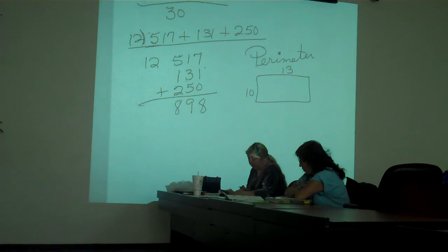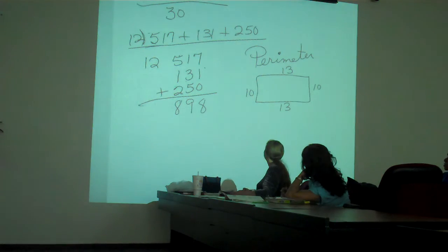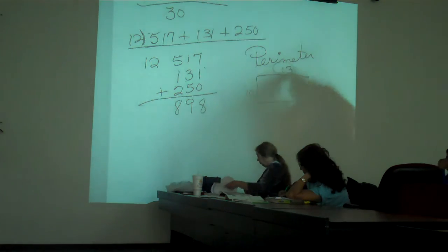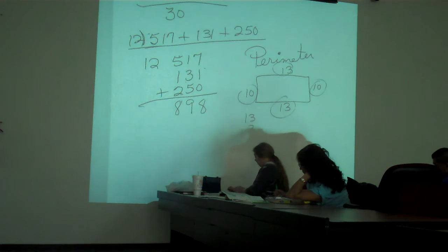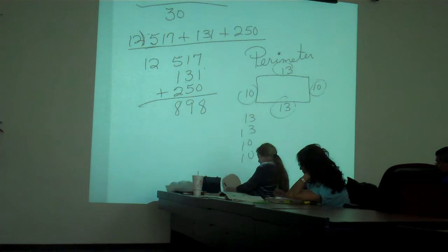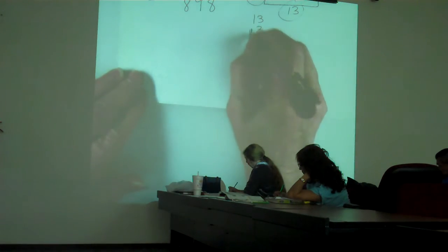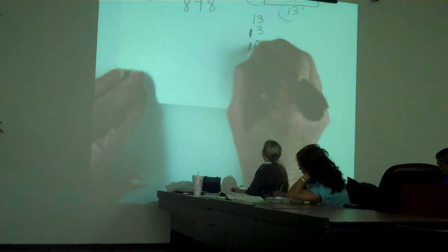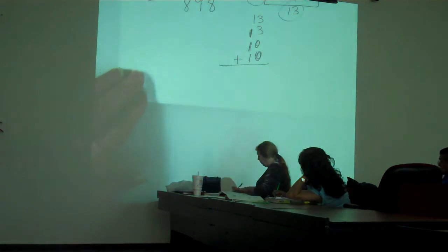So if it's a rectangle, you already know this is going to be 13 down here, and this will be 10 there. So you just add all four sides. So you have 13 plus 13 plus 10 plus 10, and that's kind of sloppy, but when you write it, you're going to write it a lot better, right? And you put your addition.